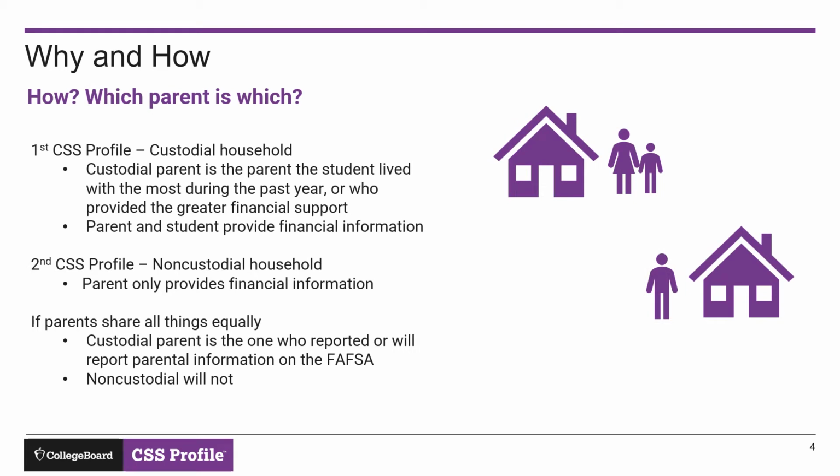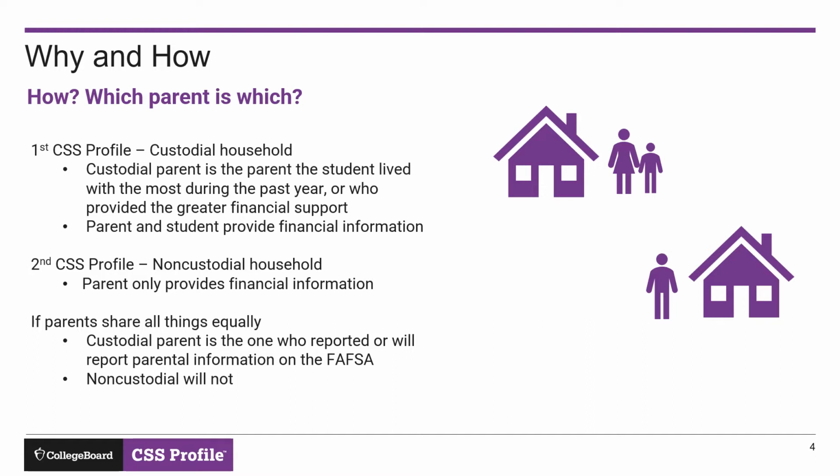Although both parents complete a CSS profile at the same website, one parent completes a CSS profile that also includes the student's financial information, while the other parent completes a CSS profile that only requests that parent's financial information.